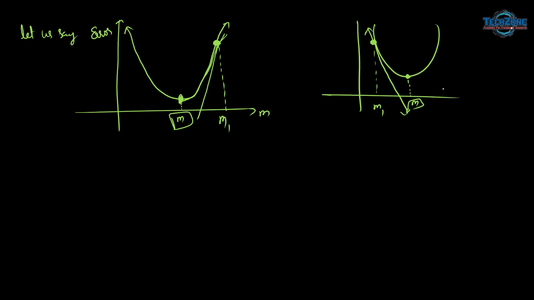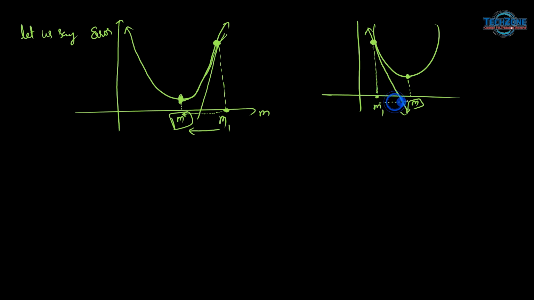So in the first case, if we are starting on the right side of the curve, we should decrease the value of m, right? So here m1 we should go back, and we should come here. That means we should decrease the value of m. If we are starting on the left side of the curve, what should we do?